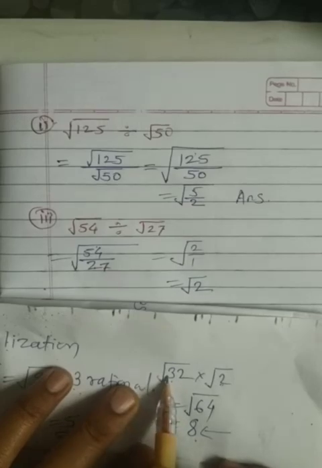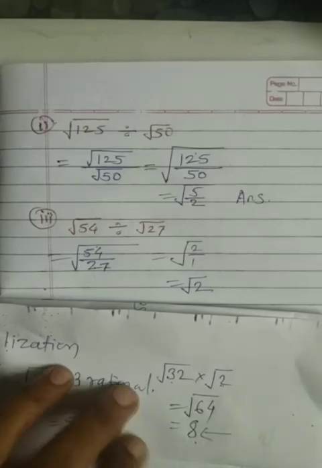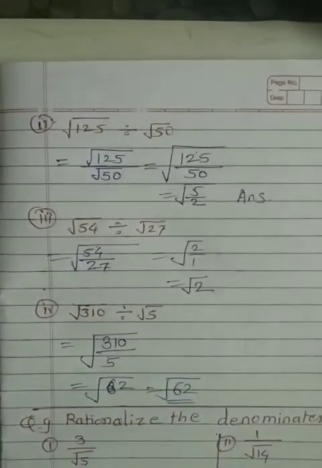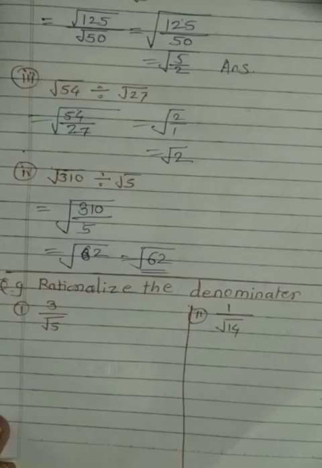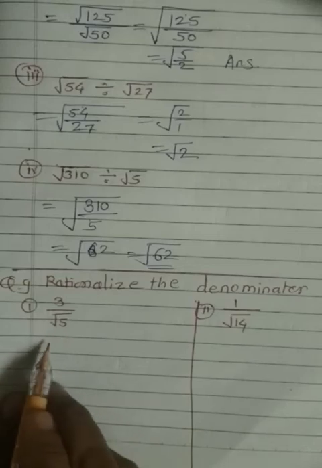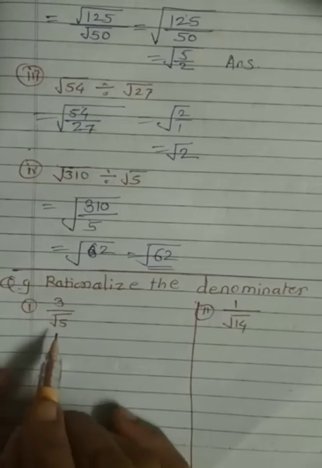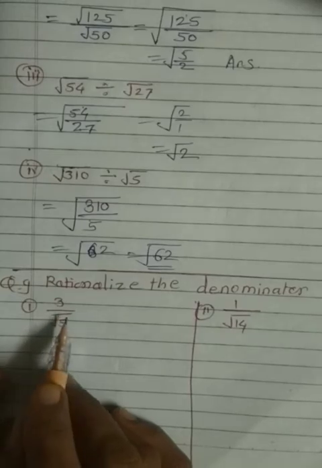Now using this concept, we rationalize the denominator in the last question, question 9 from practice set 2.3. The question is: rationalize the denominator. Example first is 3 upon root 5. We have to rationalize the denominator, meaning we eliminate this root 5 without changing its value.